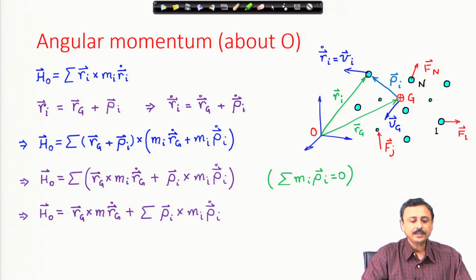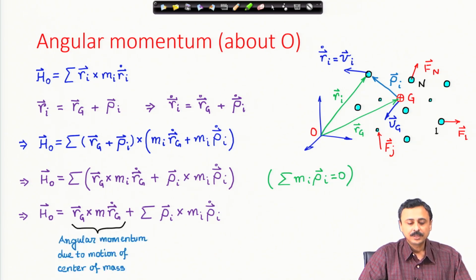I can therefore write it as r_G cross m r_G dot, which is the velocity of the center of mass, plus this, which is because of the relative angular momentum. The first term on the right hand side is the angular momentum due to the motion of the center of mass.